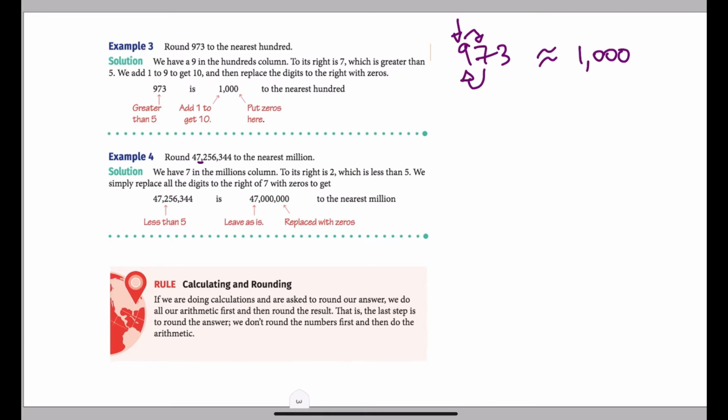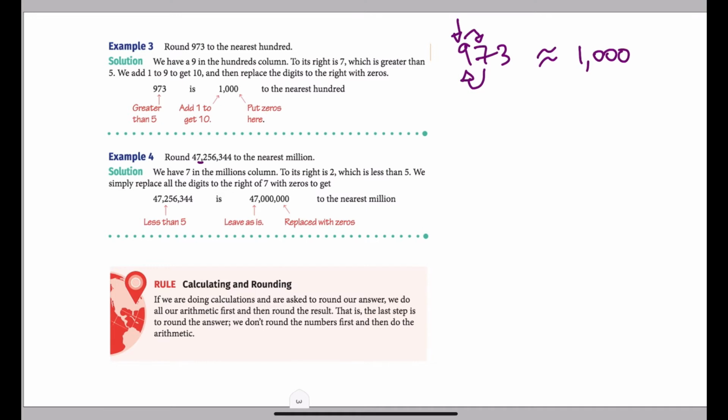So we go to the millions. Now, this is a big number, but the process is the same. We look to the neighbor number. Now, what's directly to the right of 7? It's a 2. Is that a big number or a little number? It's a little number. So what that means is we're going to round off.